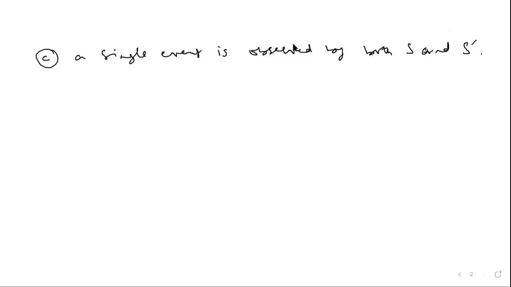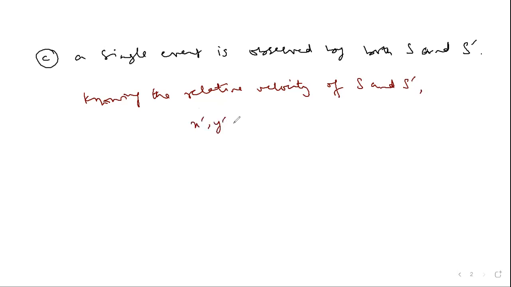Now, knowing the relative velocity of S and S prime, we wish to calculate the coordinates x prime, y prime, z prime, t prime of an event as observed by S prime from the coordinates x, y, z, t of the same event according to S, right?